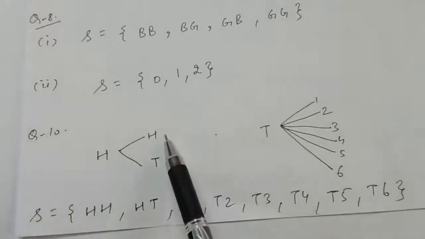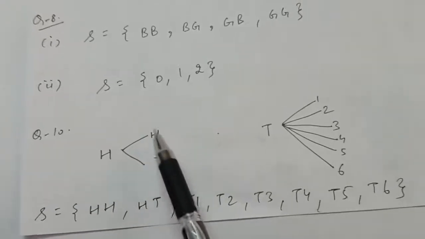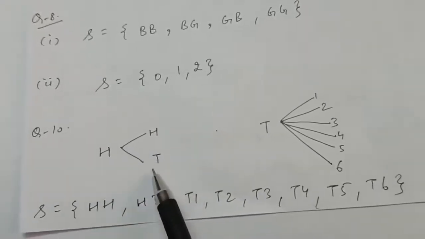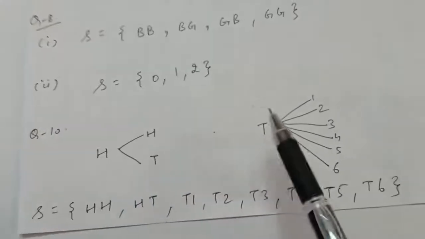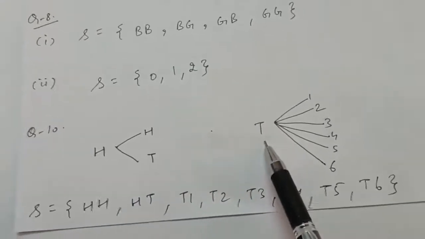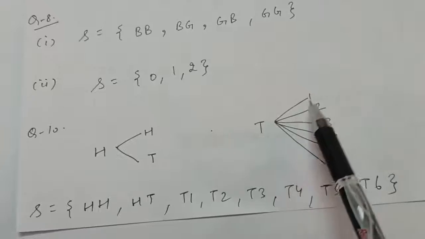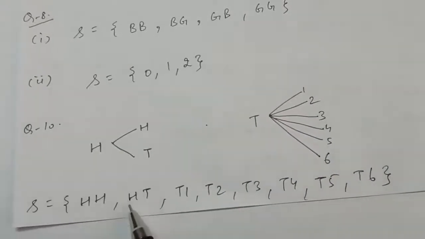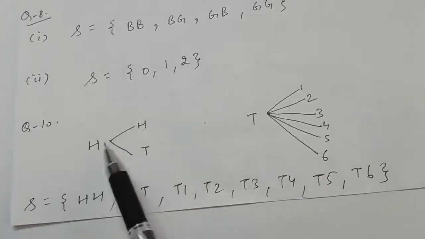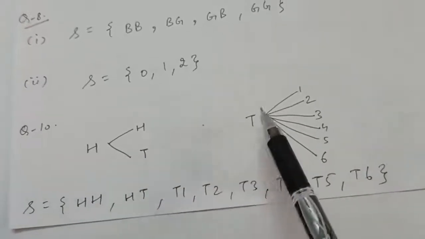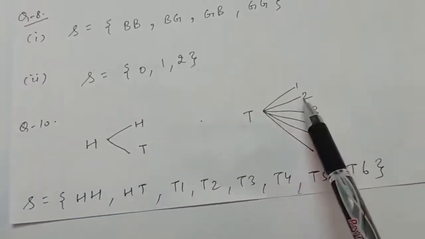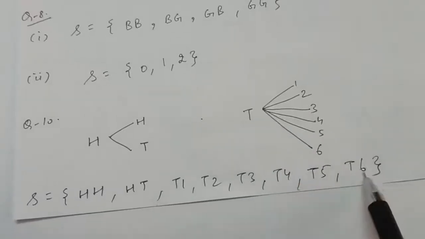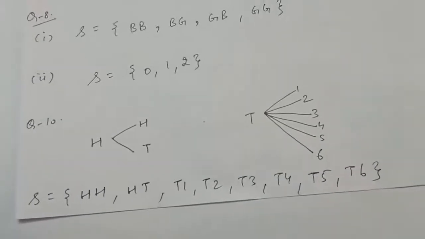Now you will again toss a coin and the outcomes will be head and tail, right? And if tail comes, then roll a die, and the outcomes will be these. So the sample space will include HH, HT and T1, T2, T3, so on up to T6, right?